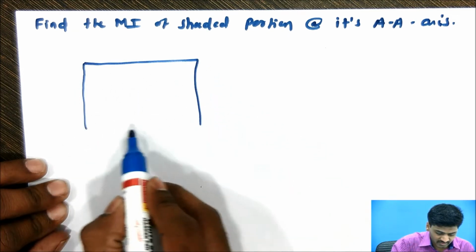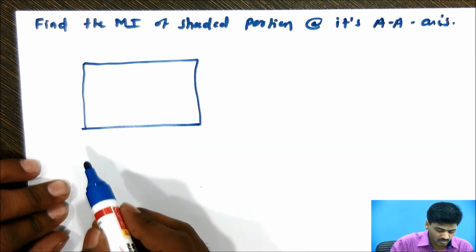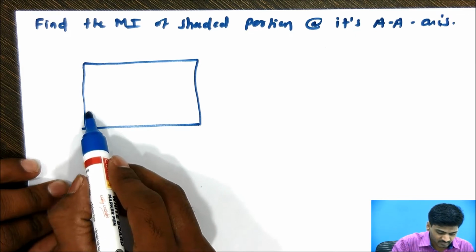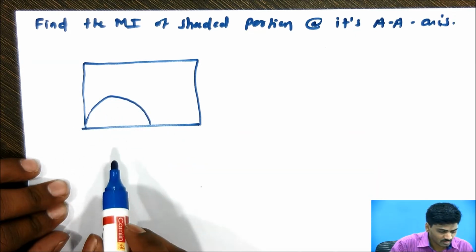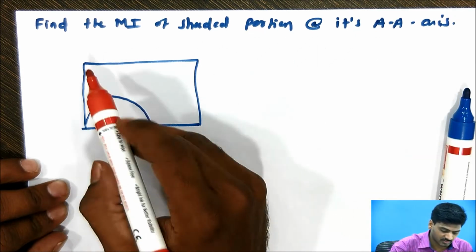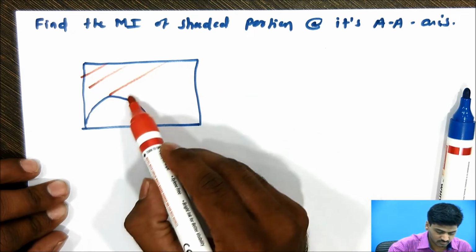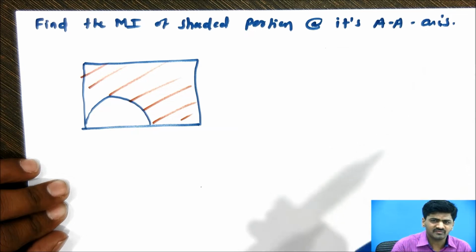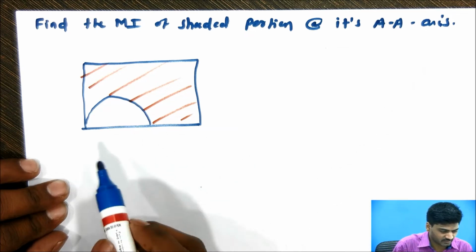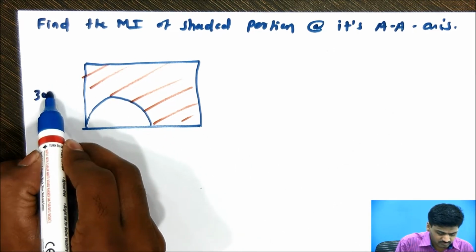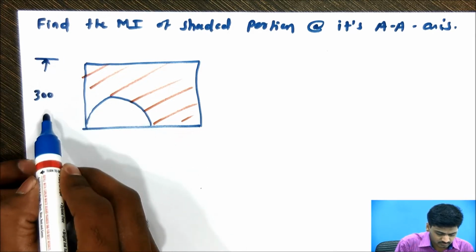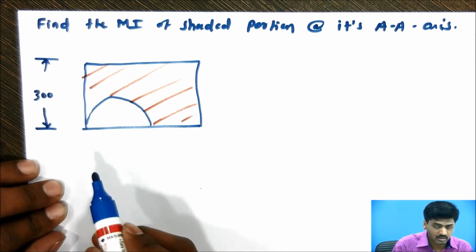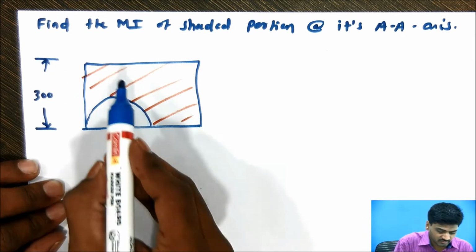This is the schematic diagram. One semicircle is there, and this is the shaded portion. The dimensions they have given: this is 300 mm total, and this is 700.